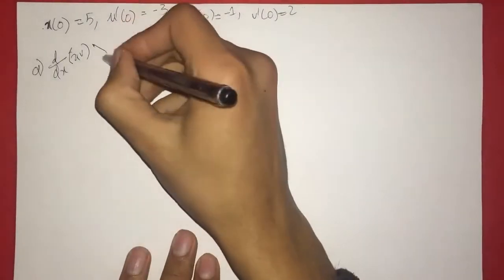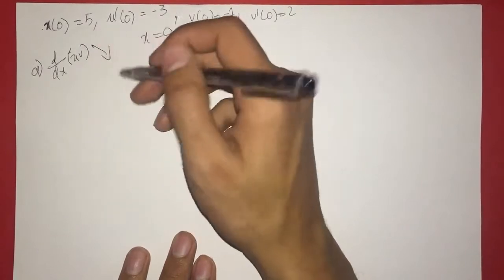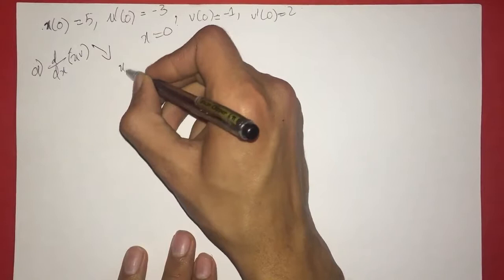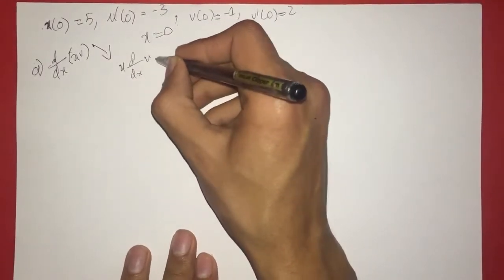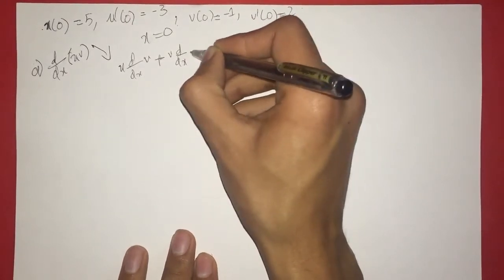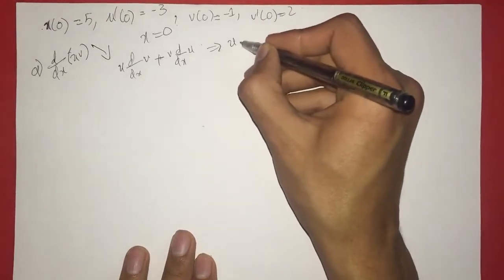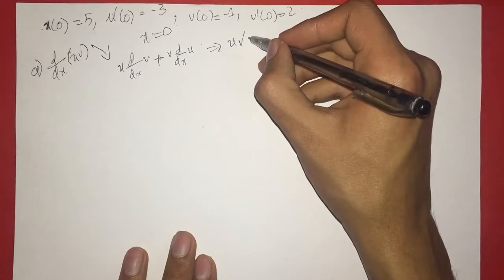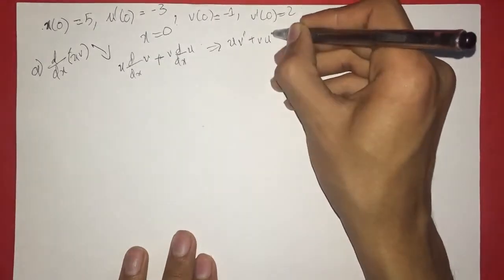Here this is the multiplication of two functions. So what we are going to do is use the product rule, that is first times the derivative of second plus second times the derivative of first. So this is equal to u v dash plus v u dash.